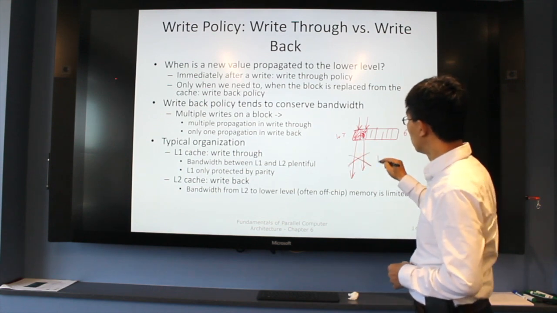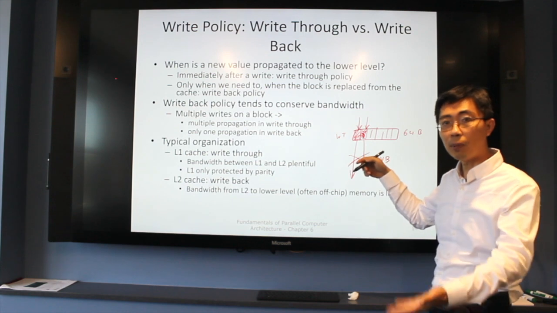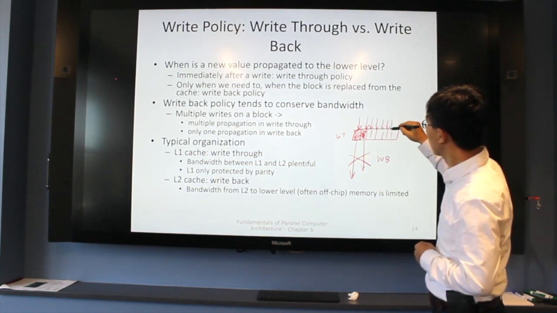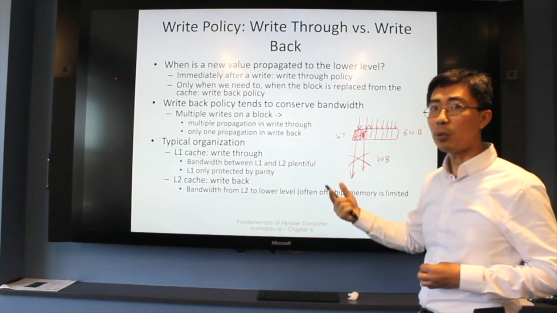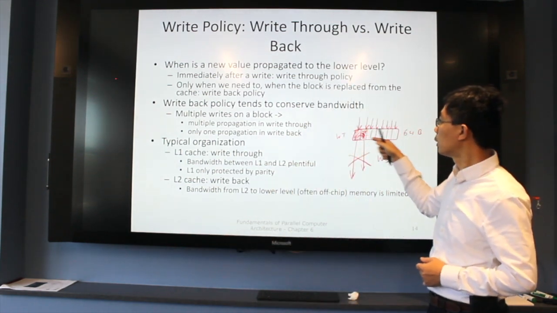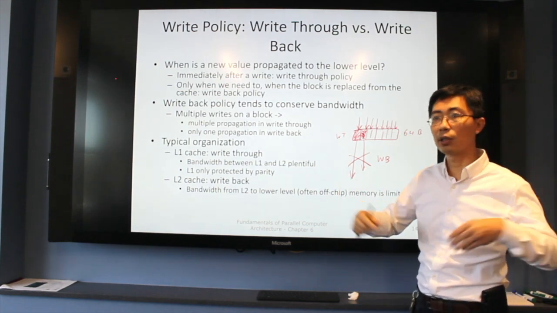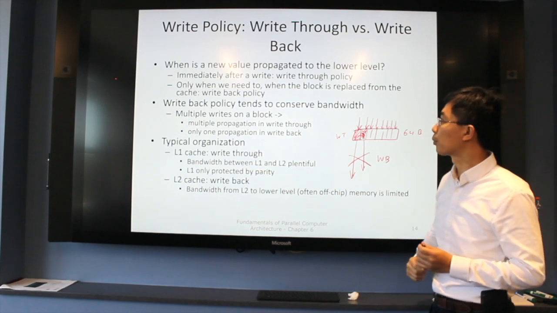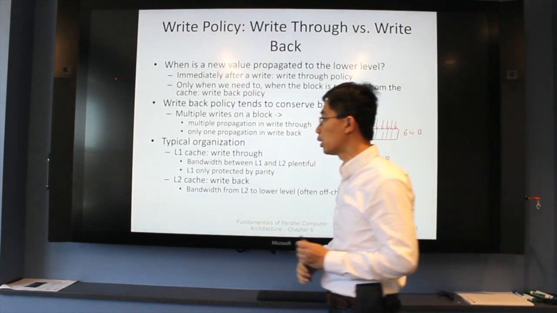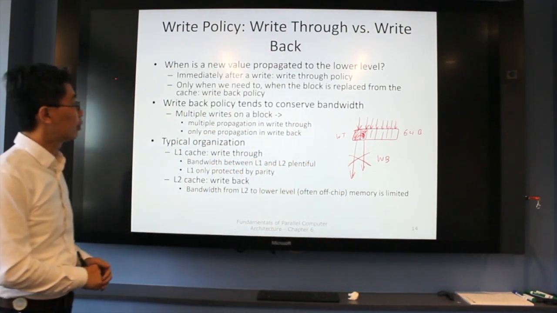With the write-back cache, you write in the cache, you don't propagate it, and you keep writing. And then at some point, this block will be evicted from the cache. When that happens, you write the whole block into the next level. So we only incur 1 write instead of 8 writes. So it tends to conserve bandwidth.